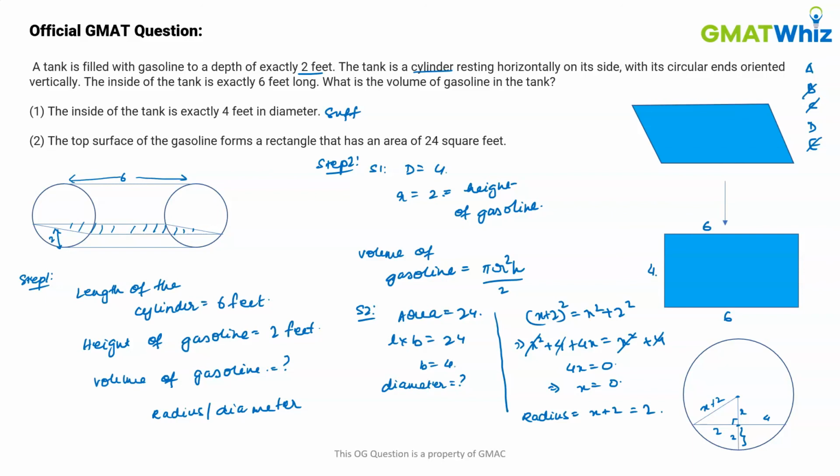And here as well, the volume of gasoline will be equal to pi r squared h by 2, half the volume of the cylinder, since 2 is the radius of the cylinder and the height till which the gasoline is filled is also 2. So statement 2 is also sufficient, and thus the correct answer is option D.